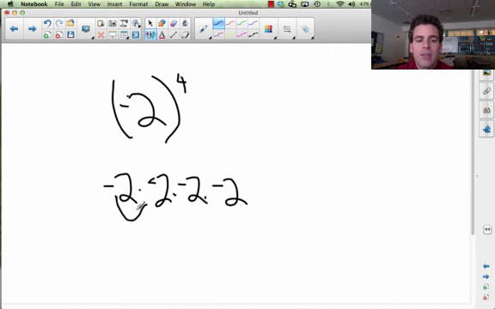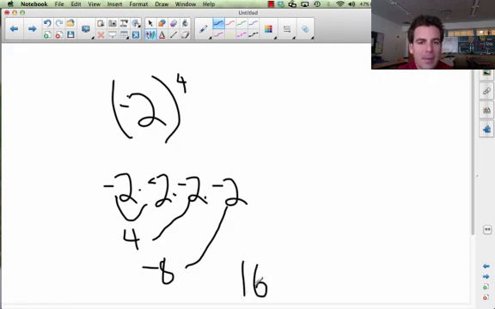Negative 2 times negative 2 is positive 4. Times, over here, this negative 2, bring that one down. 4 times negative 2 is negative 8. Now we say times this negative 2. Negative 8 times negative 2. Now we have a negative times a negative. And what do we say a negative times a negative is? Positive. So negative 8 times negative 2 is positive 16.